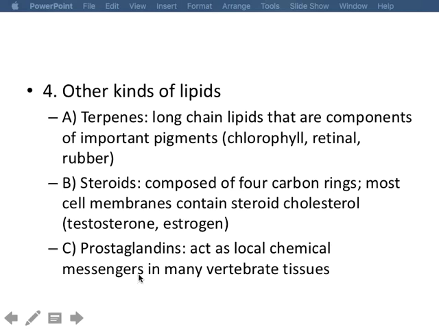Prostaglandins here. These are basically hormones. You find them in a lot of vertebrate tissues. They just act like chemical messengers, turn things on and off.